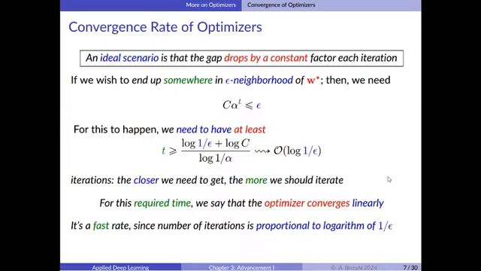For this required time, which is O of log 1 over epsilon, we say that the optimizer converges linearly.